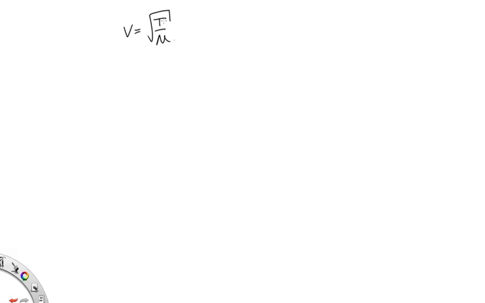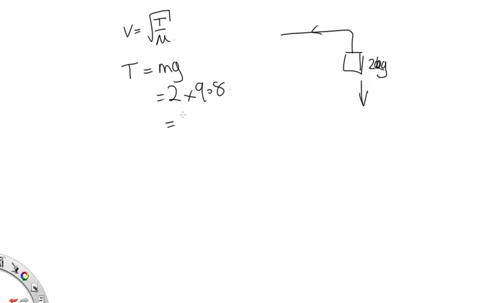Now, first of all, we need to work out what T is. In this case, we had a 2 kilogram mass. It has a weight force downwards, and it's this weight force which is generating the tension force in the string. So the tension force is equal to the weight force, which is 2 times 9.8, so that is 19.6 newtons.